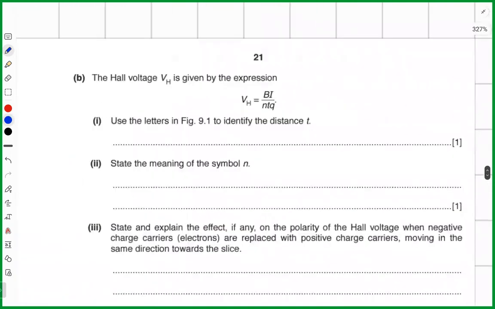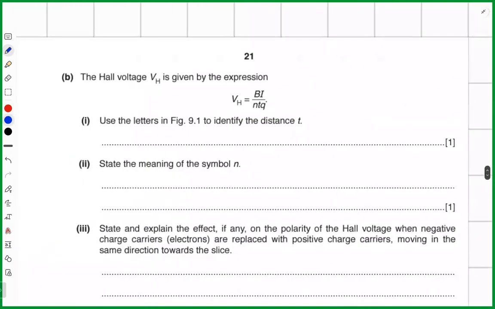Now, use the letters in the figure to identify what is T and what is N. Normally, what a student wants to think is T is time. In this case, it is thickness of slice along the magnetic field.